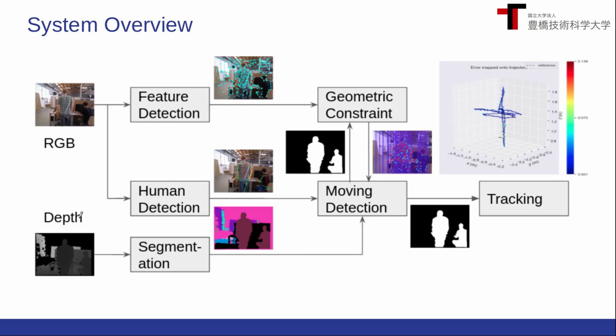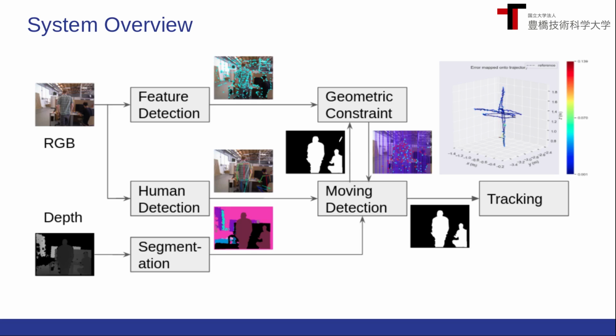And the depth image will pass through the KMOP segmentation model to get the pixel-wise segmentation results. After the moving detection, we get the mask of dynamic objects, and this mask will also be used for the next iteration to improve the accuracy of the geometric check.